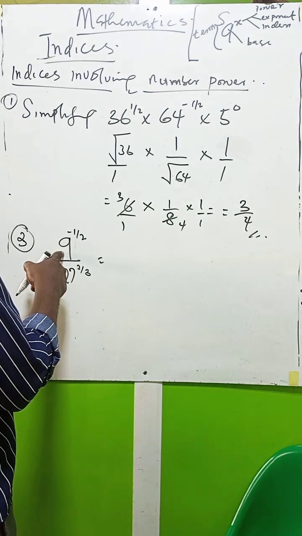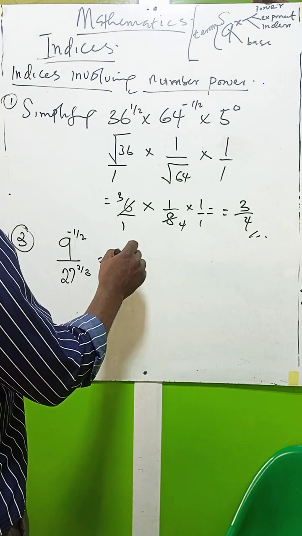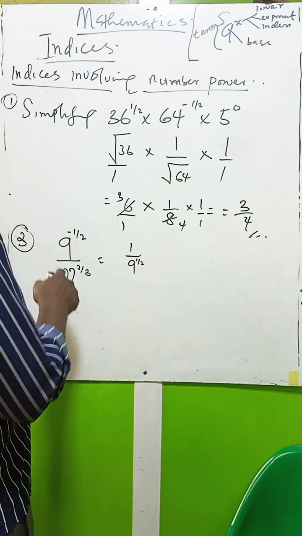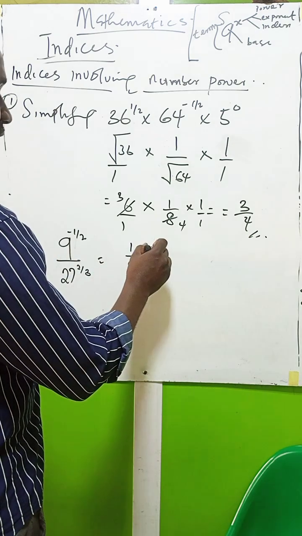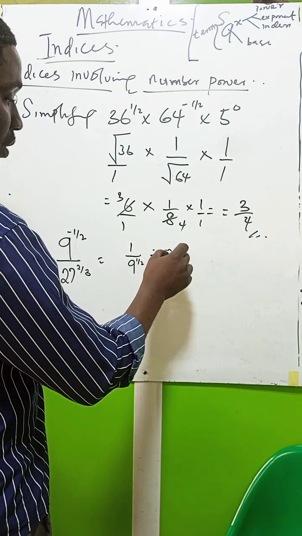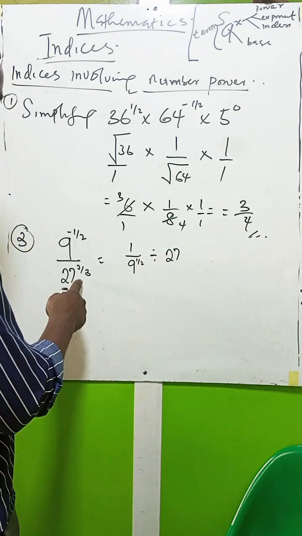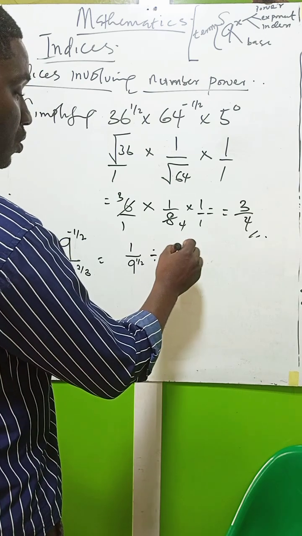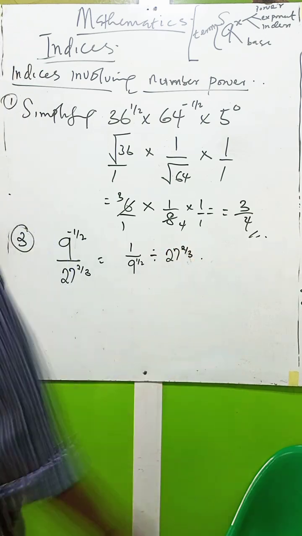This on its own means 1 over 9 power half. This is divided by, let's just make it linear, 27 raised to the power 2 over 3.